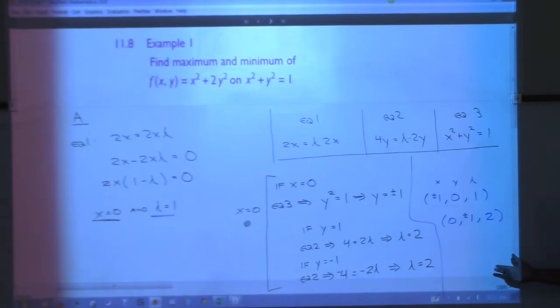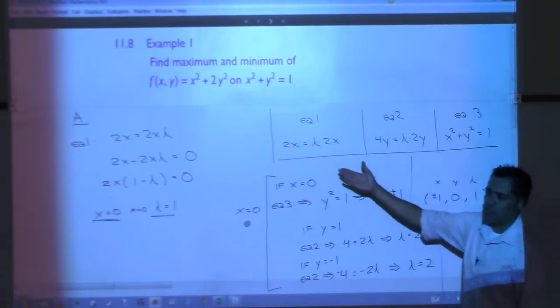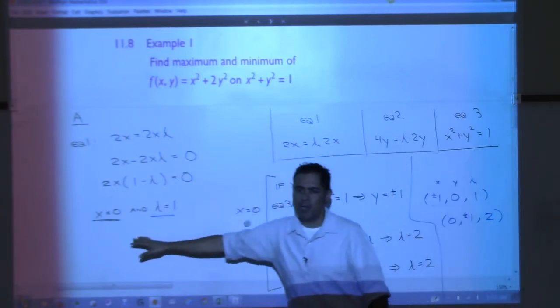You have to test for y. We have to make sure there's nothing else that works. This is the biggest issue with Lagrange, knowing when you're done and knowing if you've exhausted all the different possibilities. So we've worked with the first equation and we've exhausted both of those possibilities.